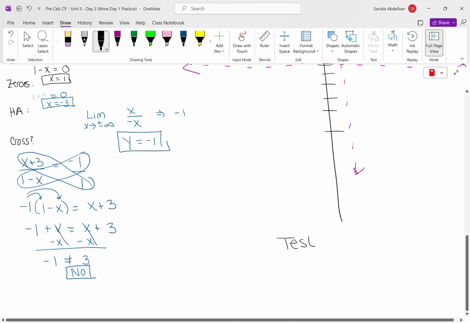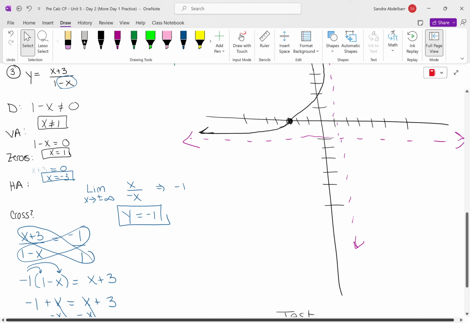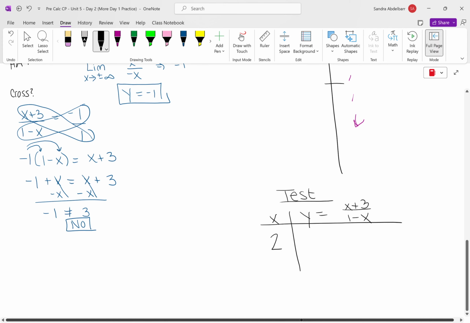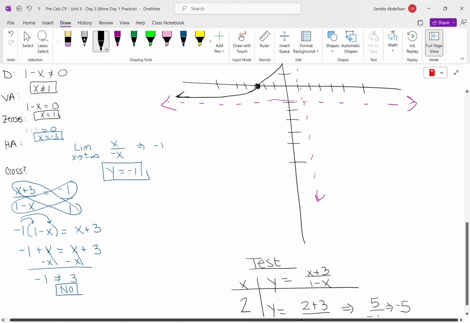So now we know what's going on to the left of the vertical asymptote, we need to figure out what's going on to the right. So we have to test the point. So our vertical asymptote was at 1, so I'm going to go to 2. So y equals 2 plus 3 over 1 minus 2. 2 plus 3 is 5, 1 minus 2 is negative 1, so this gives us negative 5.